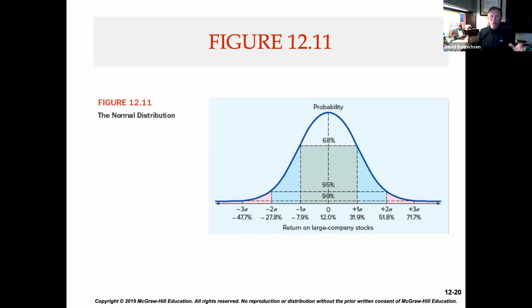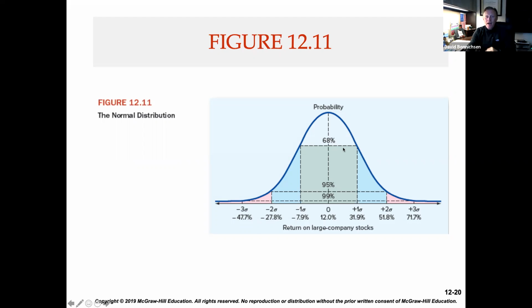What that tells us is that 68% of all of the probable outcomes in terms of returns in large cap companies are going to fall within the mean plus or minus one standard deviation, 68% of the time.